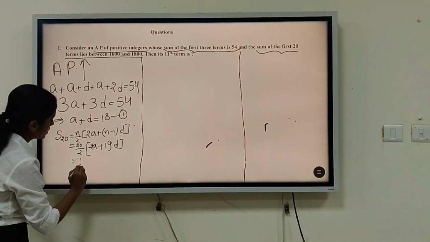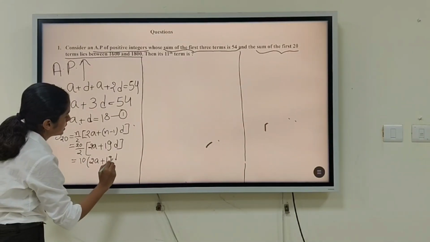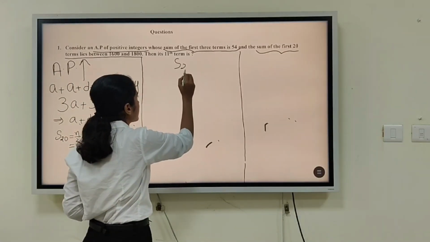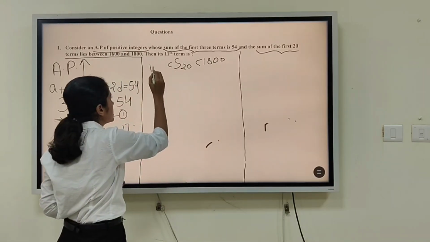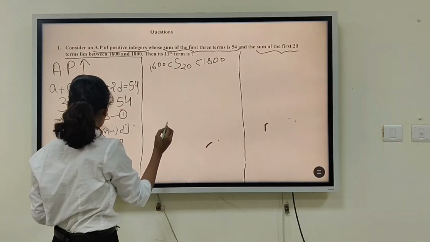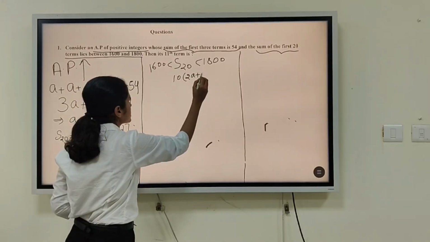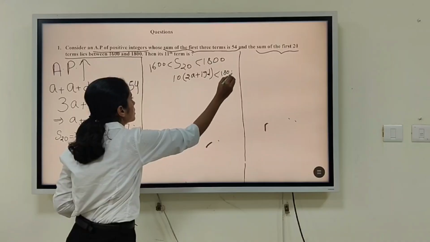It comes out to 10 into 2a plus 19d. Now it is given that S20 lies in the range 1600 to 1800. So basically here 10 into 2a plus 19d will lie in this range.